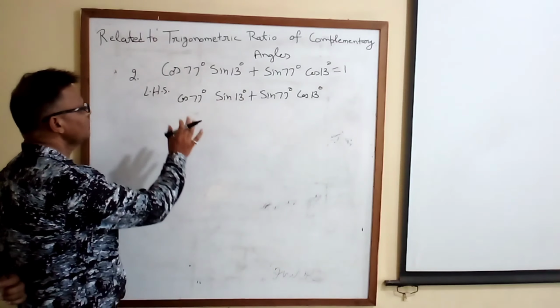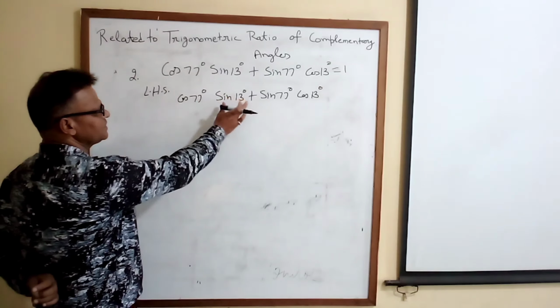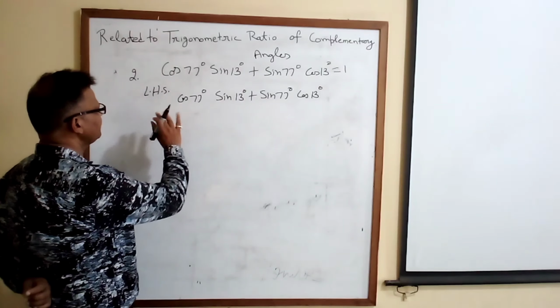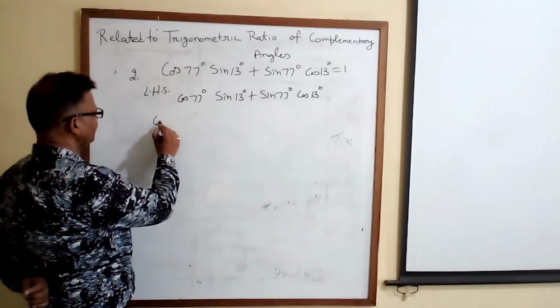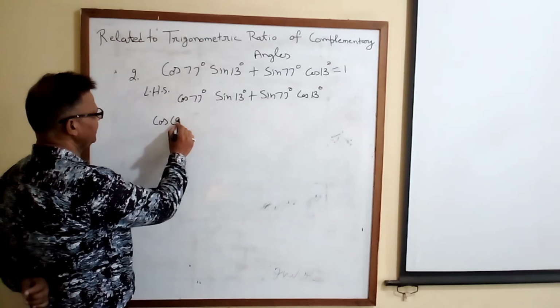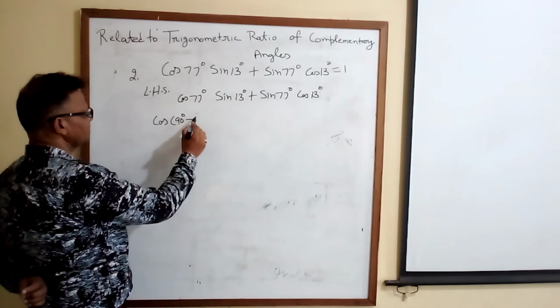Here again we have to write one term as it is and change the other. So let us start by changing this one: cos 90 degree minus what?